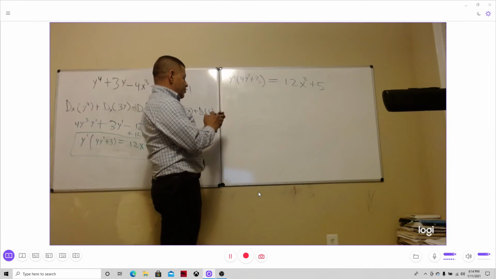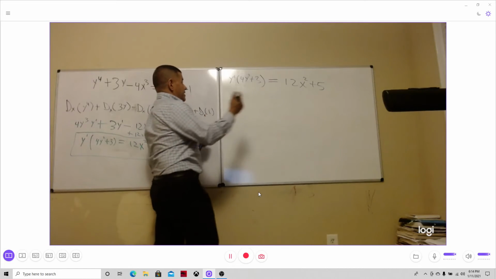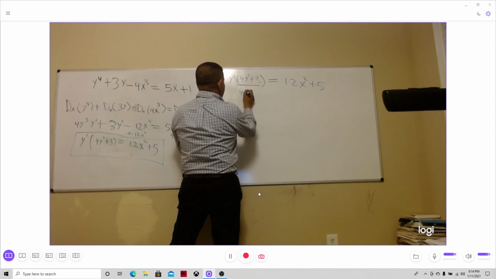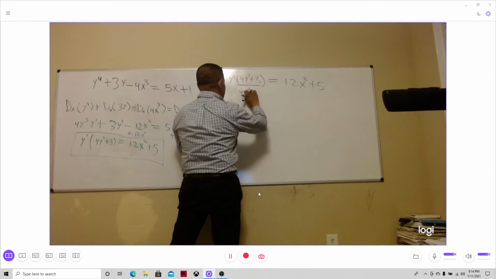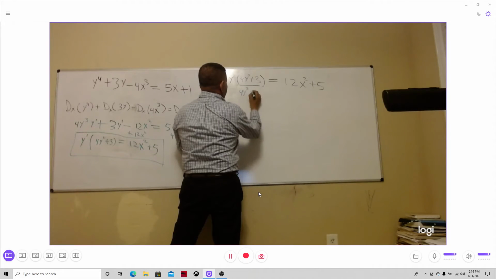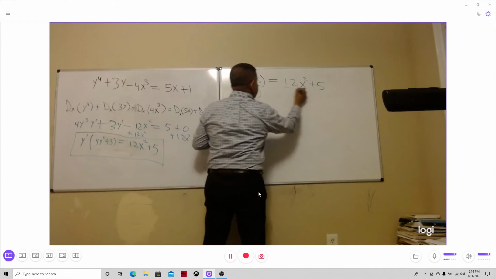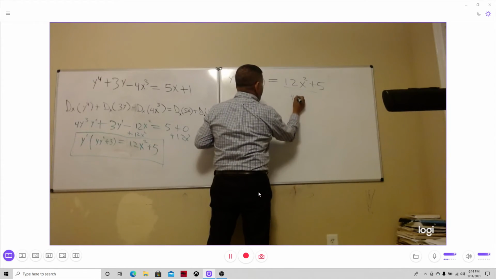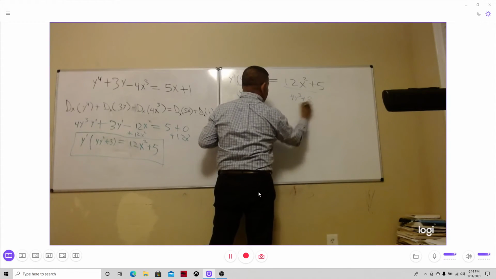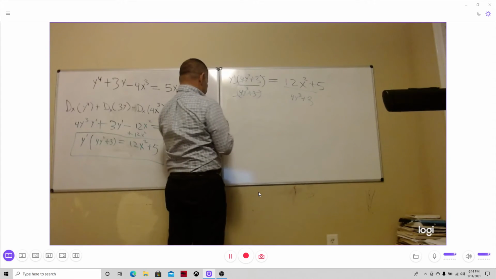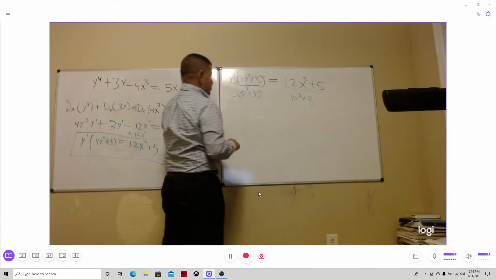So now what I can do here, I can divide by 4y to the third plus 3, right? And I can divide by 4y to the third plus 3. All right, so this cancels out, right? They divide each other out.